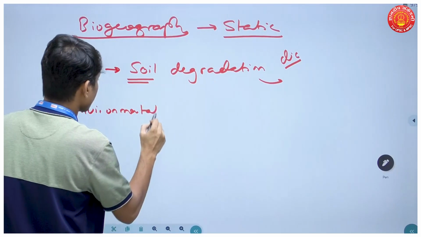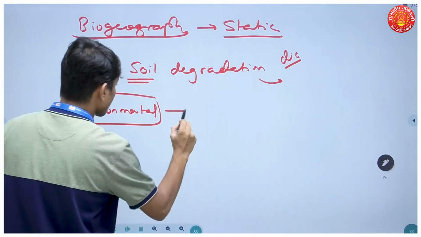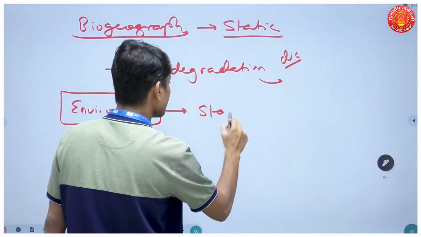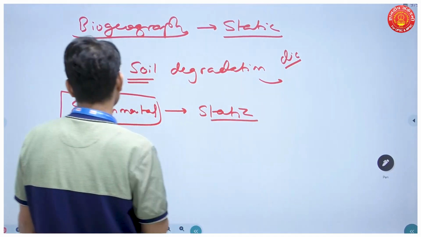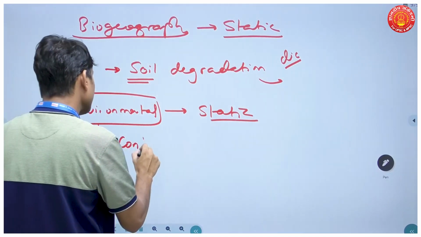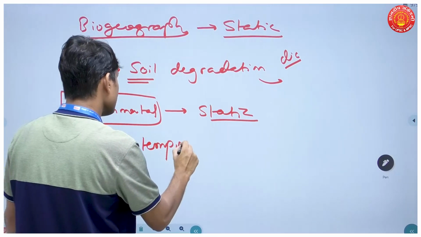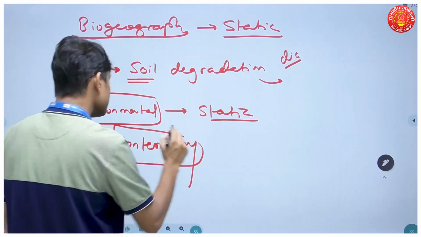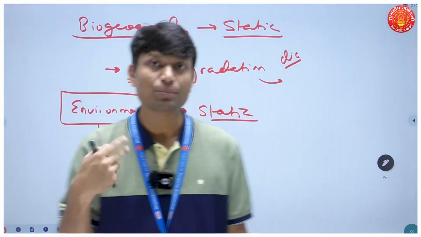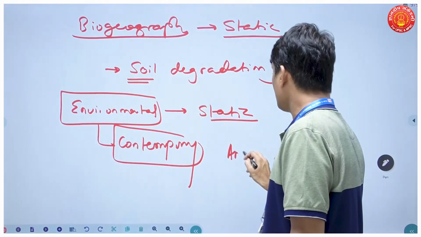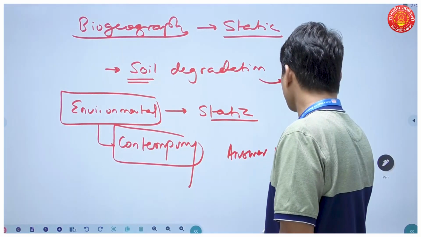Then we have the next part, environmental geography. Now when it comes to environmental geography, most of it is static, or other than static, you will have some GS type questions. Okay, so there are some contemporary, GS type questions. What you need to improve on this part is your answer writing approach.